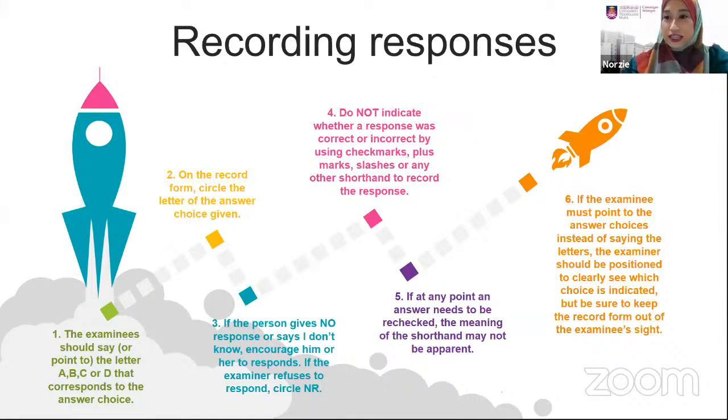Macam tadi contoh-contoh yang kita dah tunjuk tadi, all the responses are circled dekat record form. Okay, if the person gives no response or says I don't know, you have to try to encourage him or her to respond. Okay, tapi kalau dia refuse juga, kat situ you akan tanda NR. Okay, NR stands for no response. You boleh tanda kat situ.